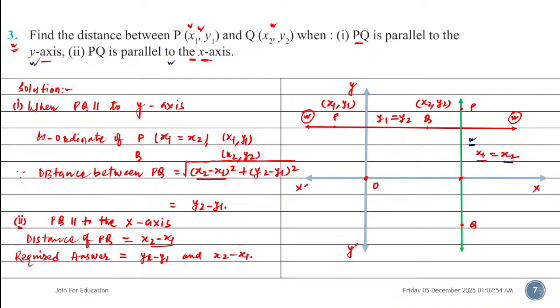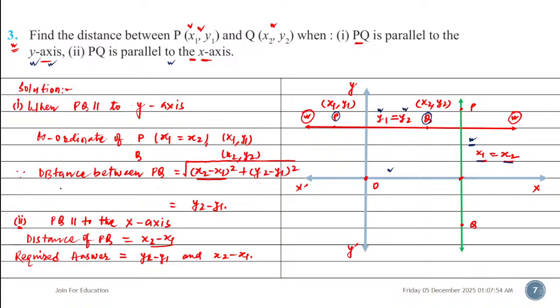Values of the abscissa are equal at each point of the line parallel to the y-axis. PQ is parallel to the x-axis. This is the P and this is the Q. In that case, the ordinate at each point of the line is the same. So y1 equal to y2.